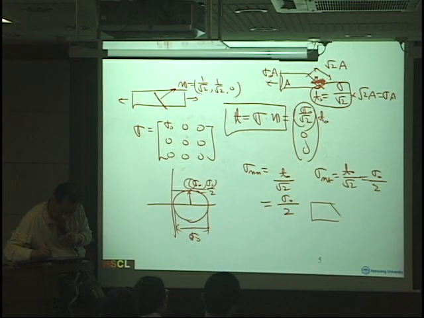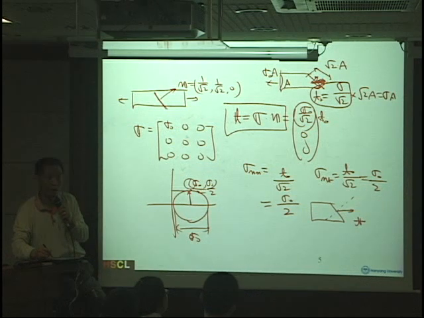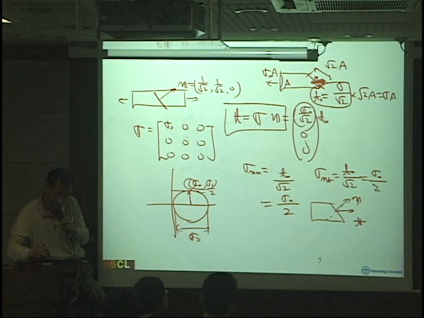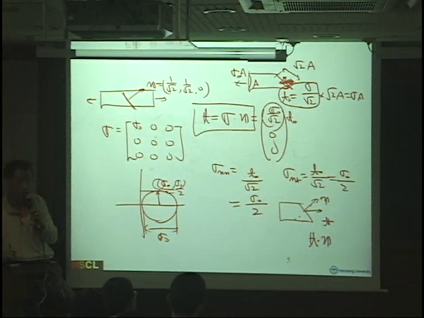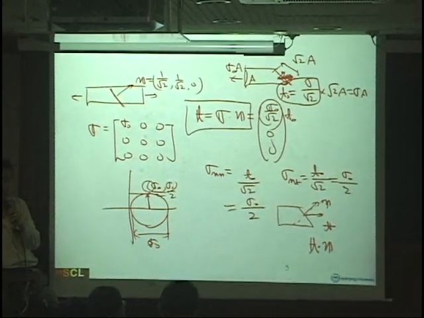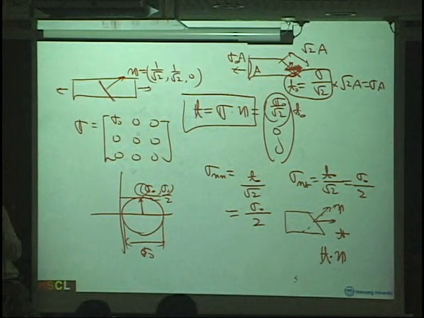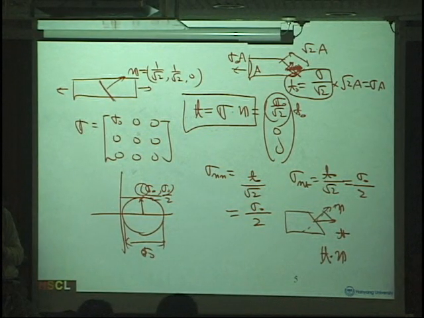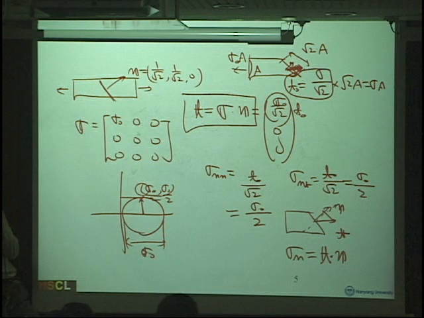If this is the normal vector n, then it's simply T dot n, right? That will be this component. This is the normal stress, always.